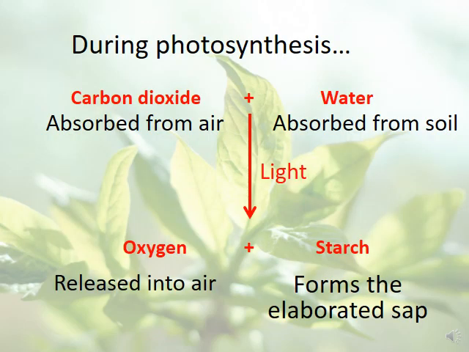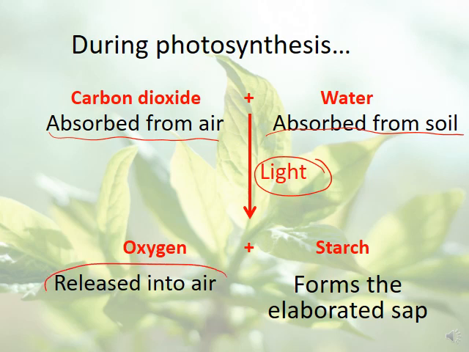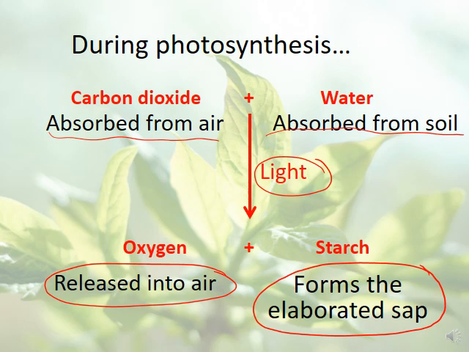So as a conclusion for the whole slide, during photosynthesis, carbon dioxide absorbed from air will mix with water absorbed from the soil in the presence of sunlight, and will give oxygen gas and starch. Oxygen gas is going to be released into the air, and starch will form what's known as the elaborated sap.